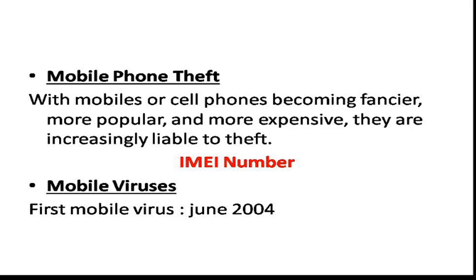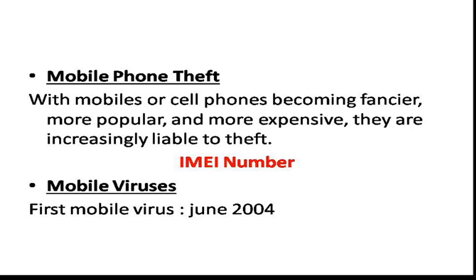The processing speed of your mobile phone gets very low when a mobile virus enters. The first mobile virus was noticed in June 2004, and it is the Cabir worm. The Cabir worm is the first worm noticed as a mobile virus.